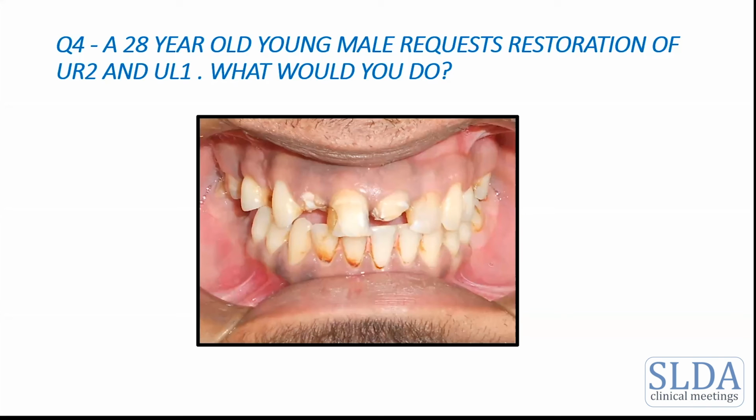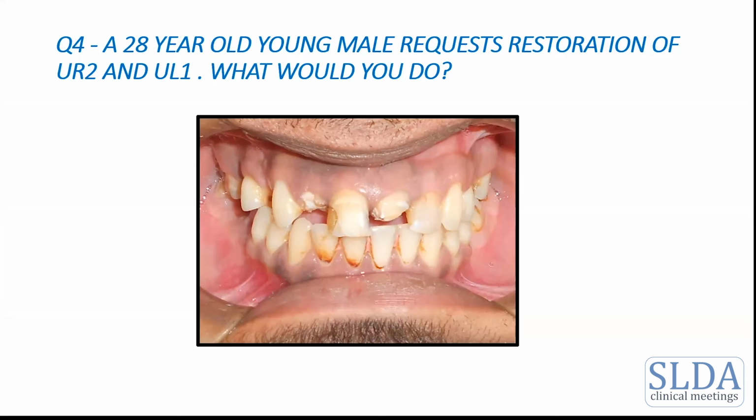Question number 4 is just to have a discussion. A 28-year-old young male requests restoration of upper right 2 and upper left 1. What would you do? You can see in this clinical picture that upper right 2 is grossly broken down, upper left 1 also the same, and there is an unaesthetic composite restoration on upper right 1.